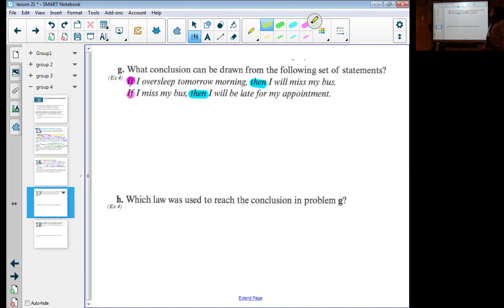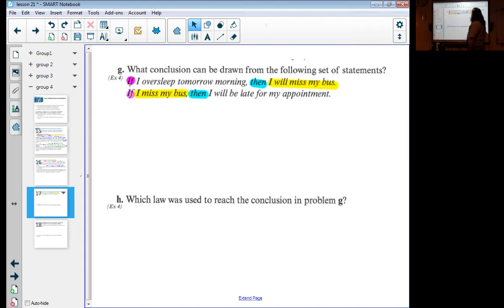So it looks like we're using the law of syllogism. I oversleep tomorrow morning, I will miss my bus. I miss my bus, sounds like that's the same thing. I will miss my bus. I will be late for my appointment.